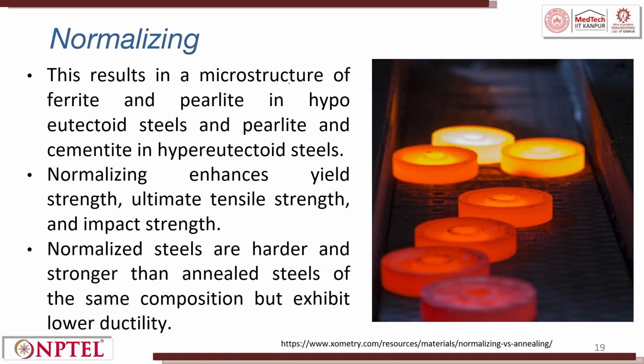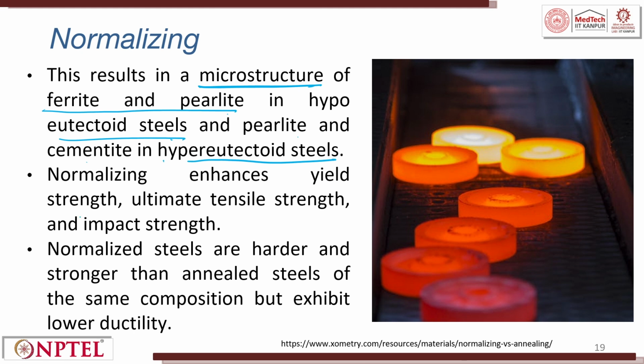This results in a microstructure of ferrite and pearlite in hypoeutectoid steels and pearlite and cementite in hypereutectoid steels. Now, it is very clear how the microstructure is formed. All these things you should please refer to your iron carbide diagram.